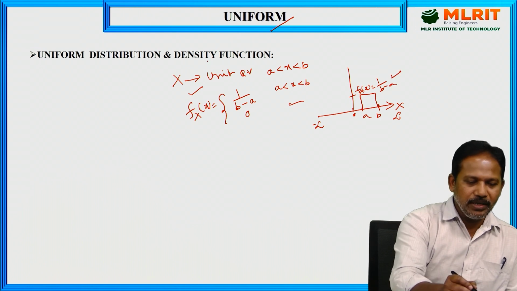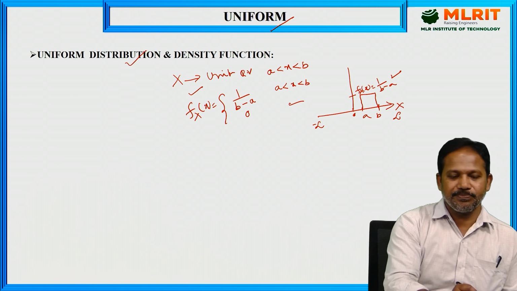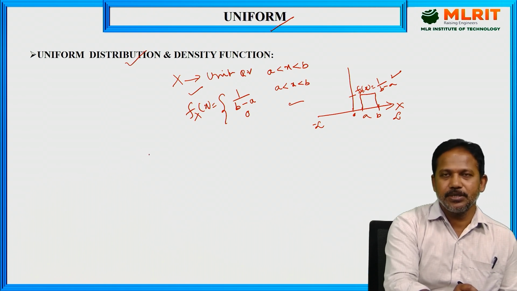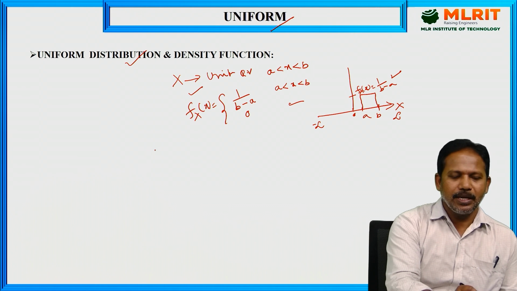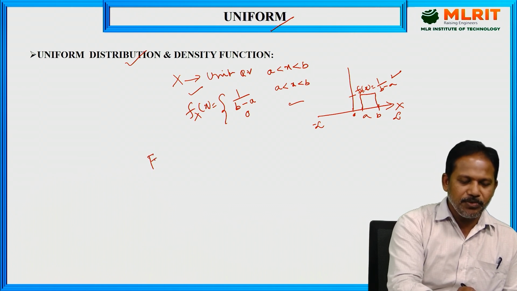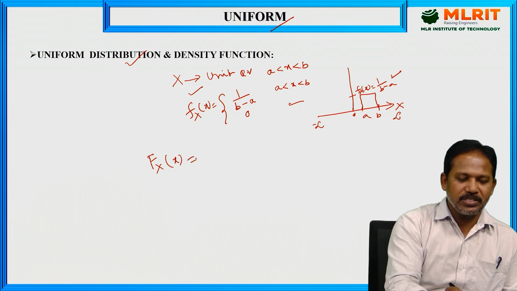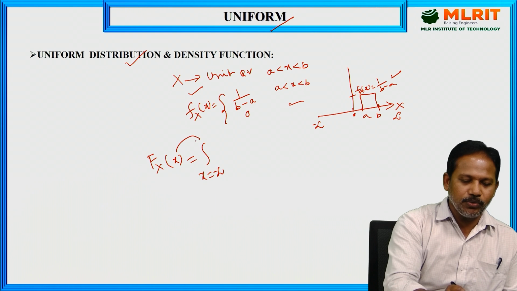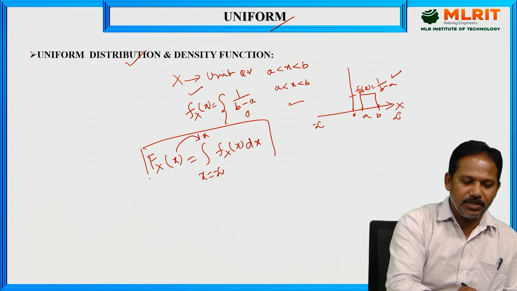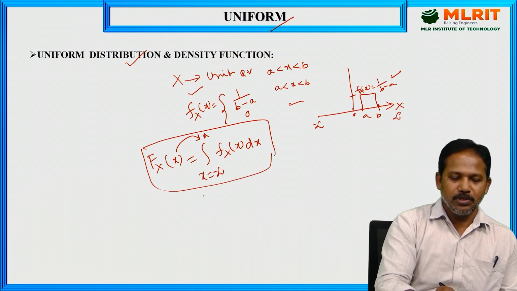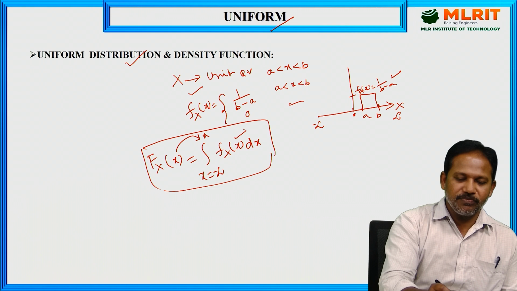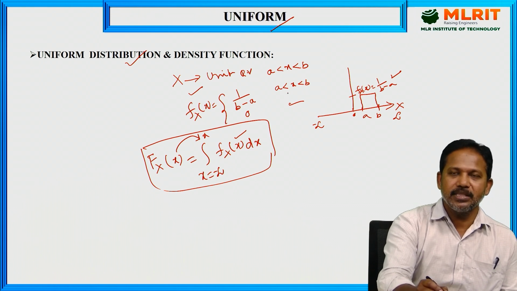This is my density function. Now I need to find the distribution function also. How to find it? Already we know the relation between distribution and density function: the distribution function FX(x) is equal to the integral from minus infinity to x of fX(x) dx. I already know the density function, 1 by b minus a in the limit a to b.